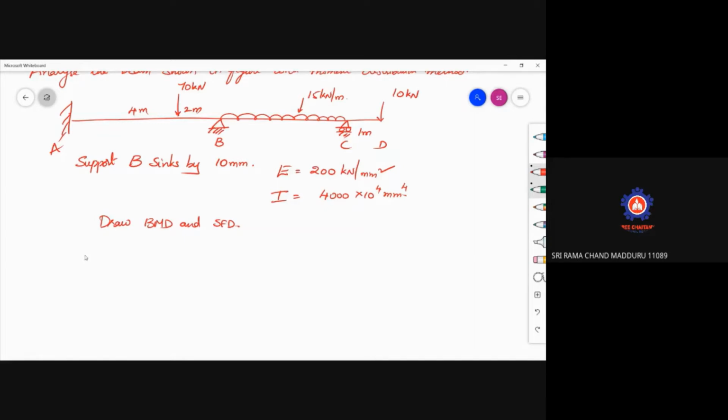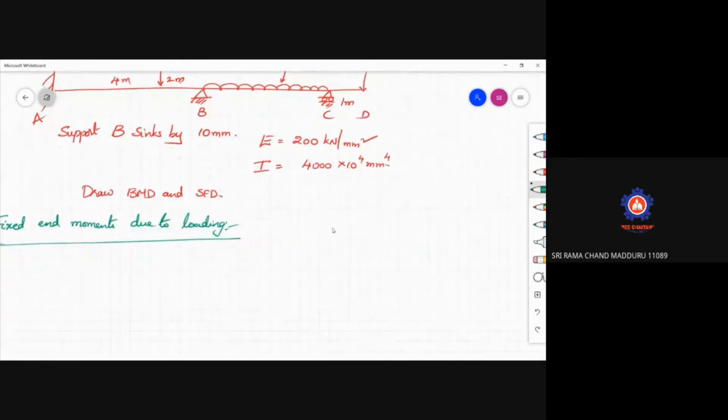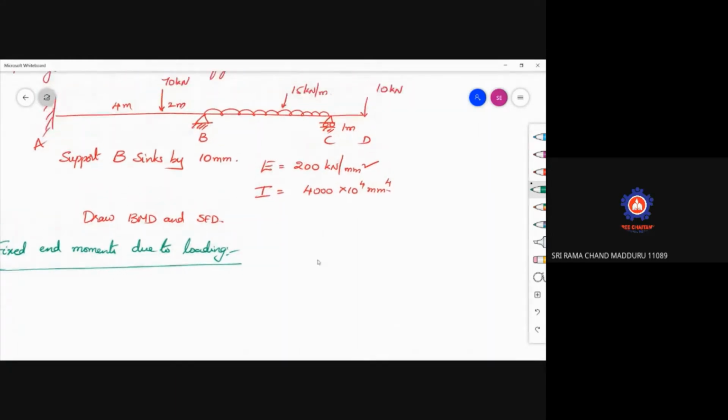In the first one, I will keep a side heading of writing down the values of fixed end moments due to loading, for the given loading, when there is a point load and when there is a UDL.